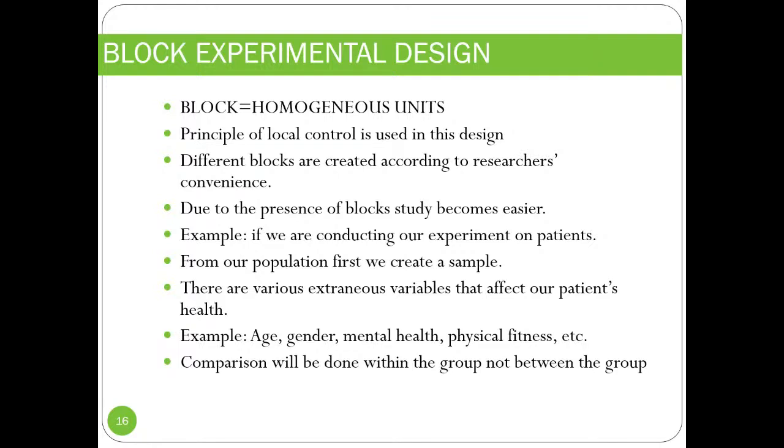So it is not intra comparison, it is inter comparison happening. To understand how a specific treatment or tablet works on the male population alone, or on the female population alone, if you want to know the individual effect of a treatment, then you use a block experimental design.